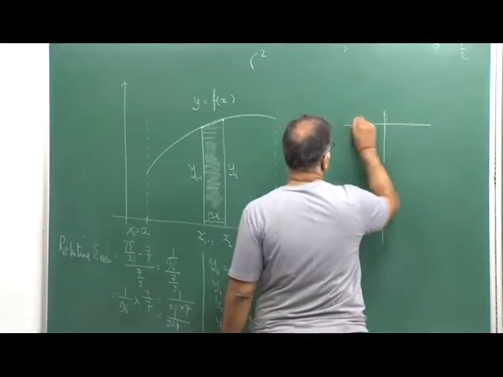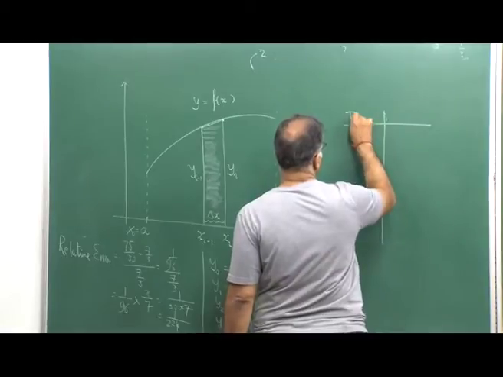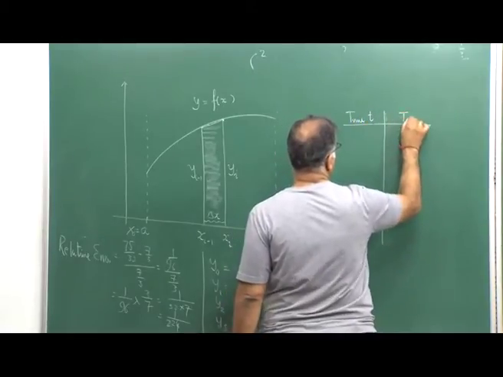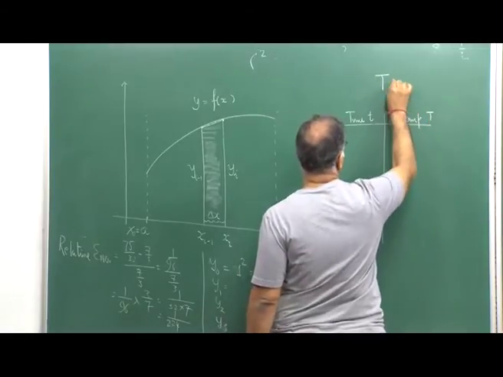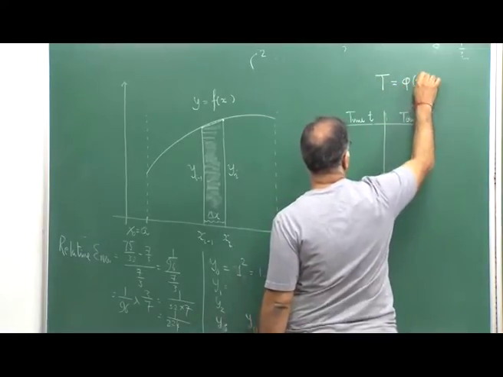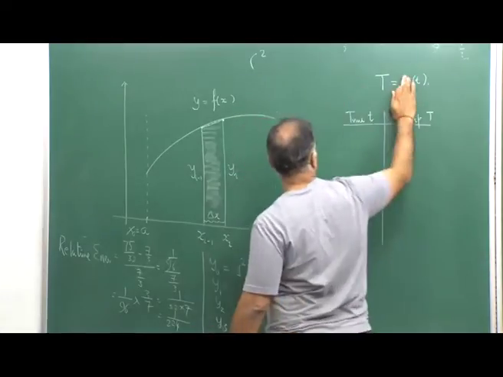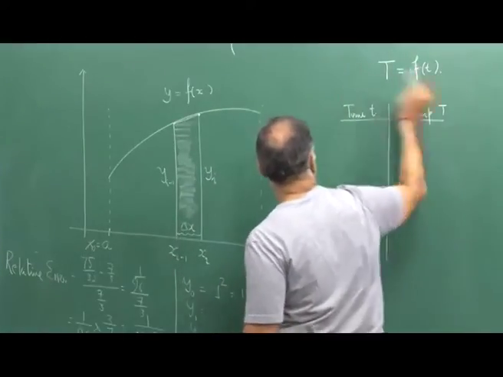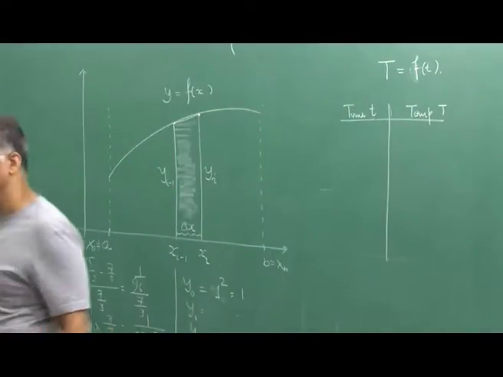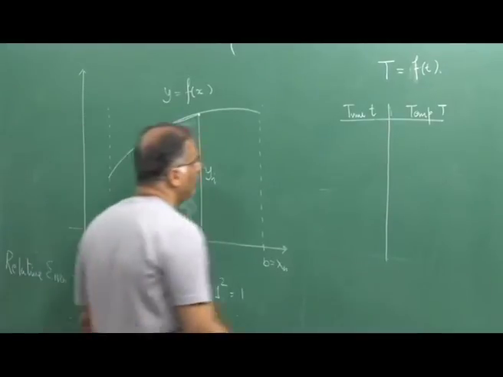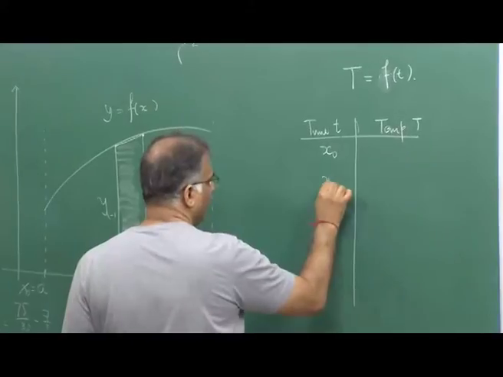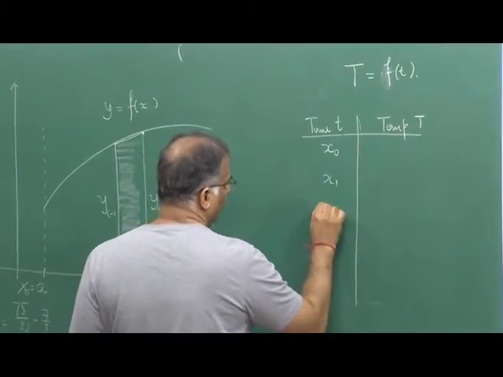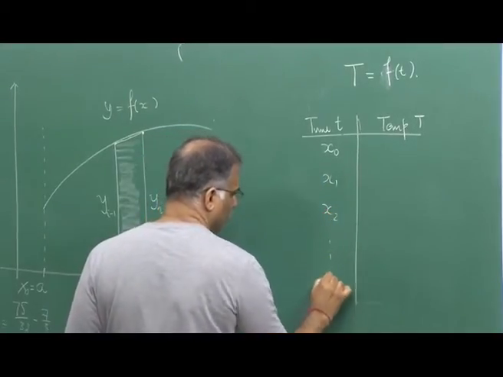So, here is your time t and this is your temperature, capital T, and the temperature is a function of the time t, and that is a continuous function. Let us write it as f, sorry, a continuous function of the time. So the values of t are given, at time t equal to x0, x1, x2, xn.